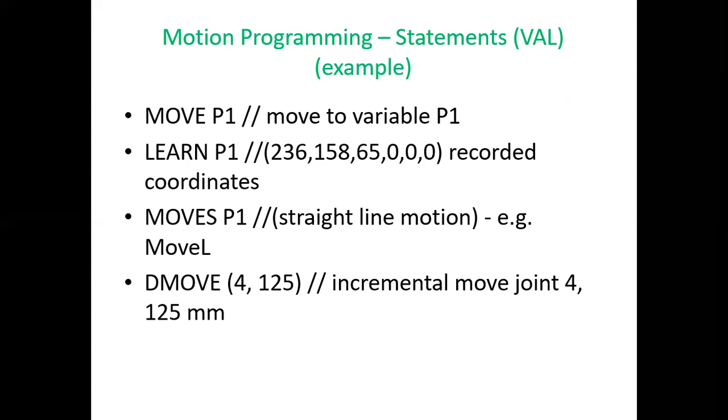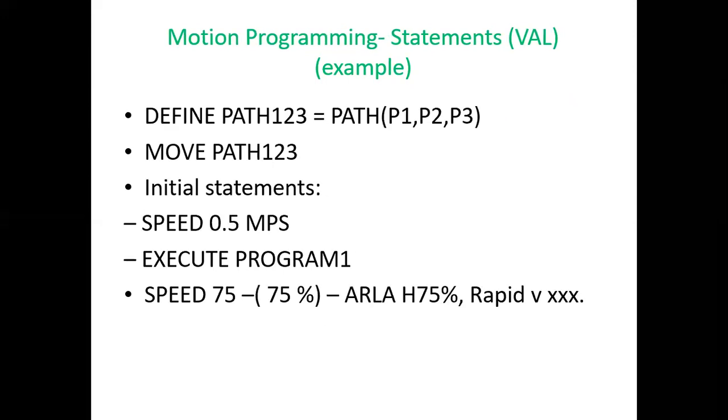So there is a difference between MOVE and MOVES, for example, MOVE L. DMOVE 4,125, that is incremental move joint 4, 125 millimeter. Then DEFINE PATH, that is P1, P2, P3. We already defined multiple paths. So whichever path we need to create, we define like that. That is define path. Then MOVE PATH. We are moving to the particular positions.